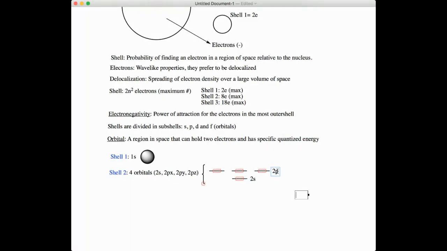The 3p orbitals, they all have higher energy as compared to the s, and they have the same level of energy between them. So we said that they are degenerate orbitals. I'm going to write it over here, meaning that they have exactly the same level of energy.